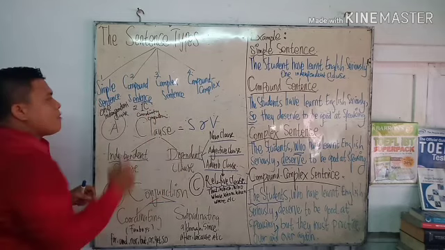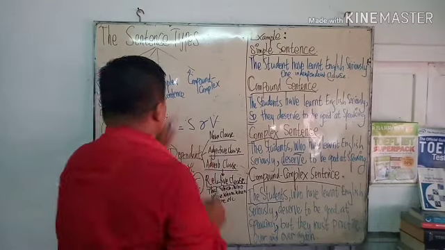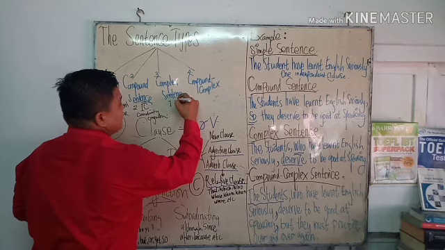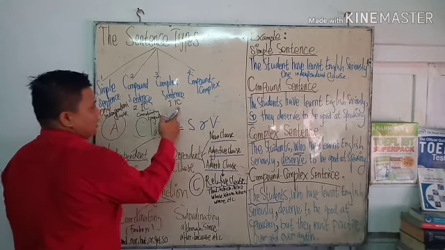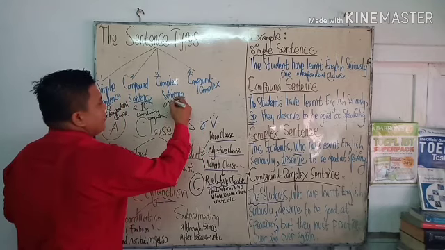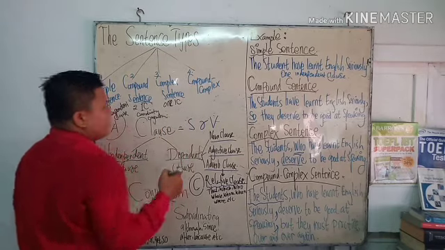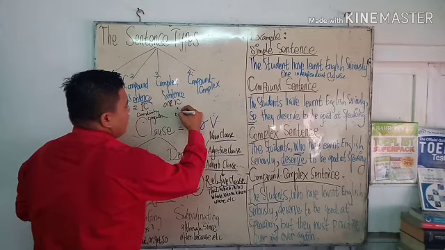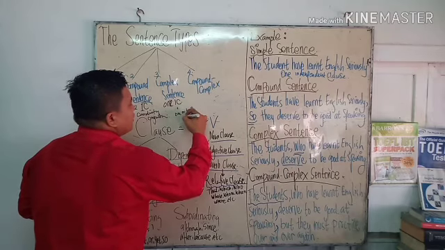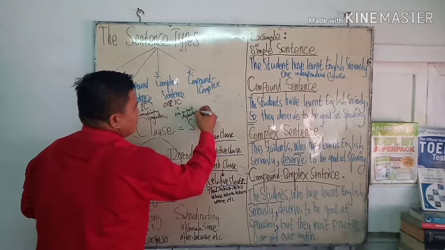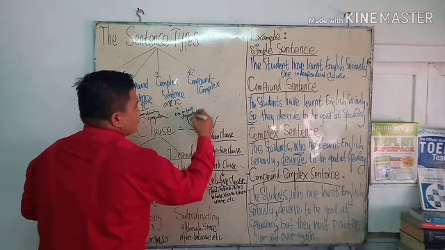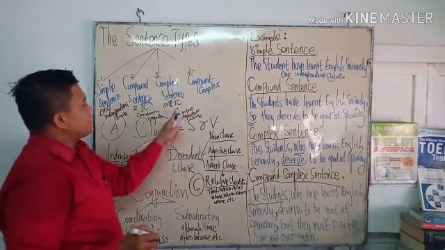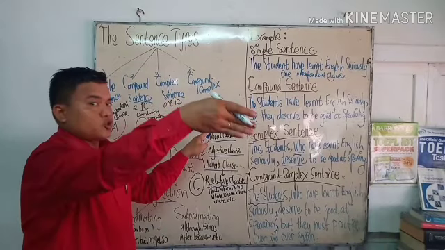What about complex? Complex is 1 independent clause, plus 1 or 2 dependent clauses. 1 independent clause plus 1 or 2 dependent clauses.